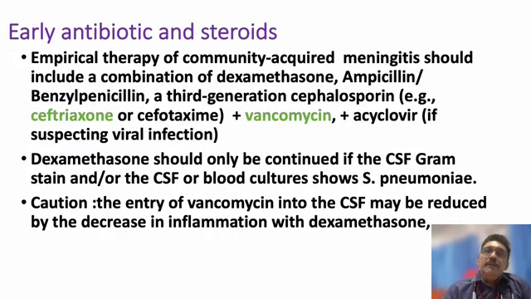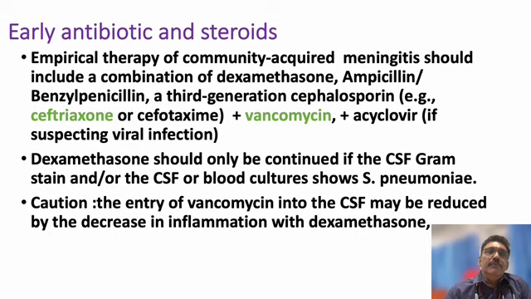Now, steroids are another important drug in meningitis. If the patient has an infection with a capsulated organism like Streptococcus pneumoniae, then when we treat the patient with antibiotics, the capsule, the covering of the bacteria, can produce acute inflammation in the CSF after the death of the bacteria.